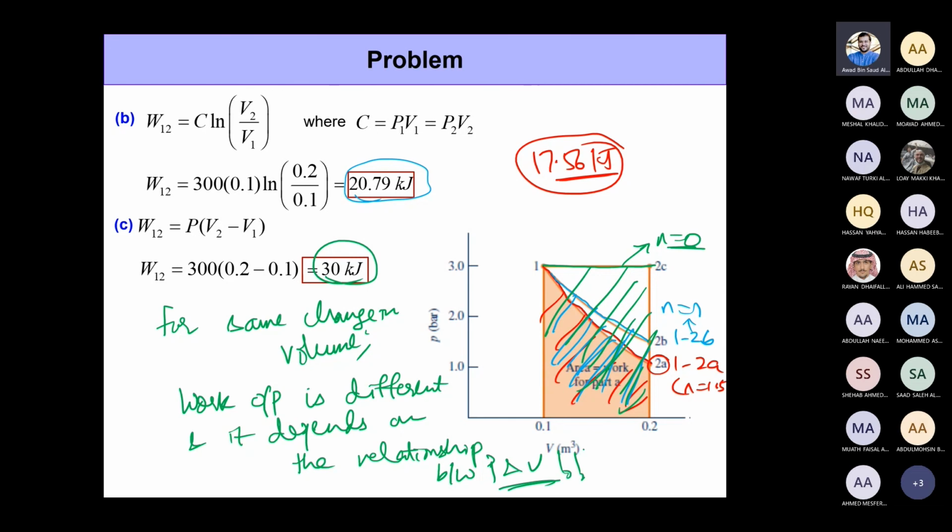So this is the idea. If you want to get the maximum work output for a given volume difference, then you will make it a constant pressure process. Any questions here?